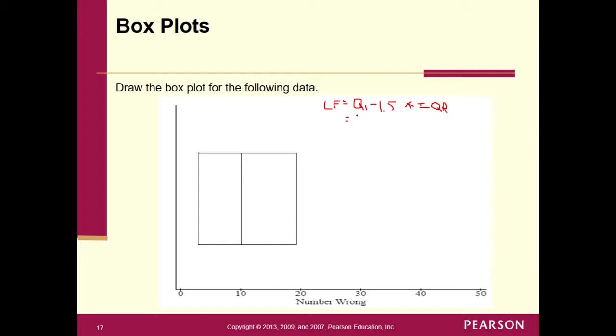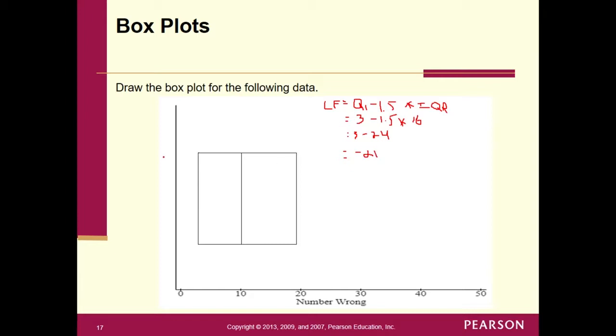Q1 was, I believe, 3, minus 1.5 times an IQR of, as I recall, 16. We got to follow the order of operations here, so we do 1.5 times 16 first. We get 24. So we get 3 minus 24, and you get negative 21.